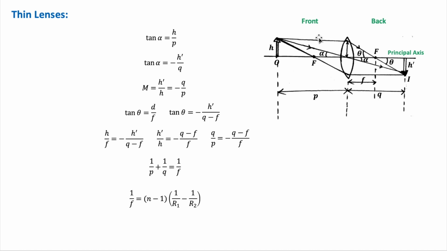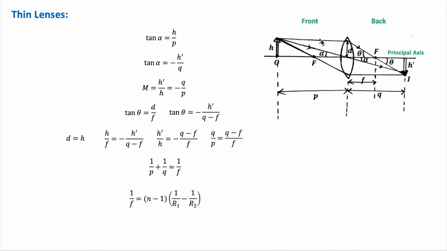The second ray is parallel to the principal axis of the lens, which is the horizontal axis passing through the center of the lens, and after refraction, it passes through the focal point. The third ray passes through the focal point, and it emerges parallel to the principal axis. All of these rays meet here at this point, and the point where these rays intersect is the image point, at a distance q from the lens.